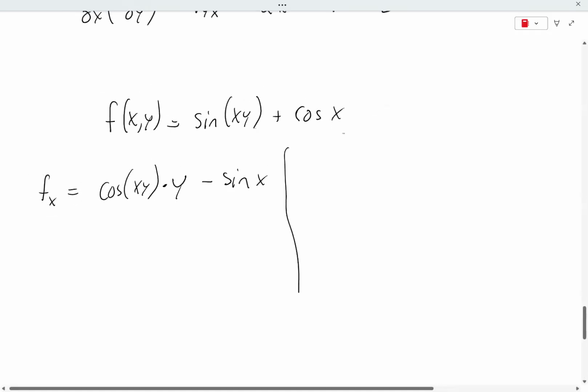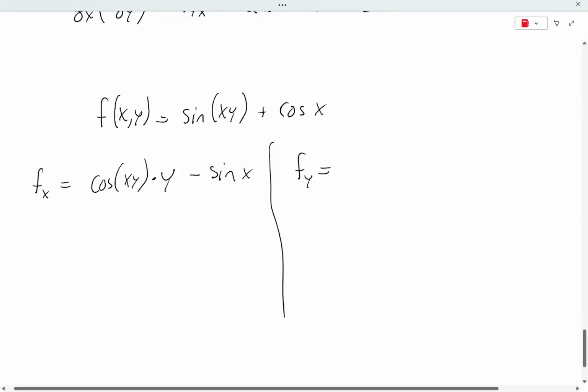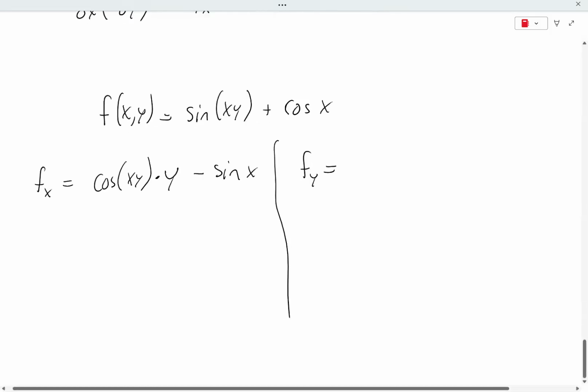Maybe I'll write the other one over here. How about now let's do the partial with respect to y. So do the same thing, but find the partial with respect to y. So how would this one go?